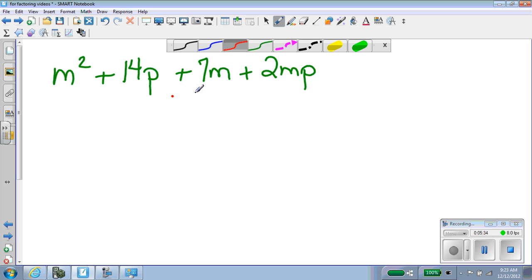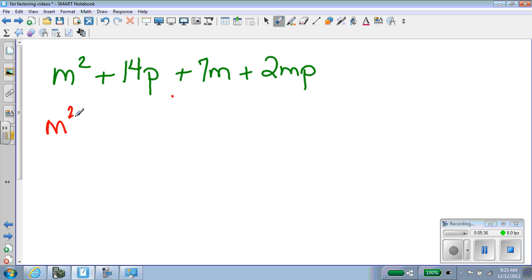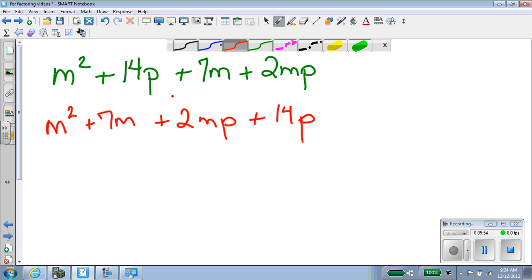I think I'm going to do that. M squared first plus 7m second. Then I'm going to put my 2mp plus 14p. Those are my same four terms, but in a different order. If it doesn't work, I'll rearrange again. But I think I've got something that's going to work here.